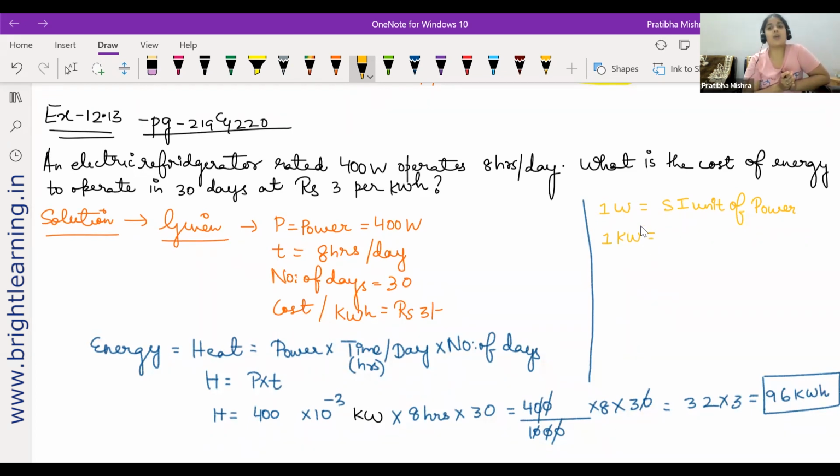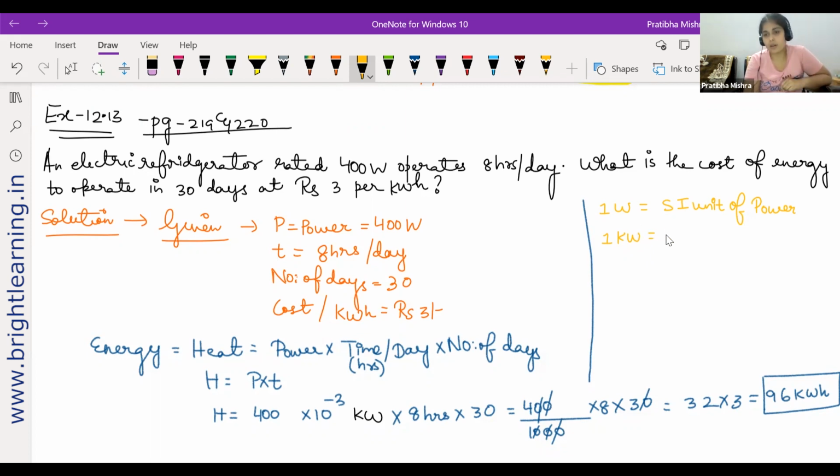We'll understand what is 1 kilowatt. Just like you have grams and kilograms, right? 1 gram is equal to 10 to the power minus 3 kilograms, or 1 kilogram is equal to 10 to the power 3 grams or 1000 grams. Similarly, 1 gram is 1 by 1000 kilograms. Okay.